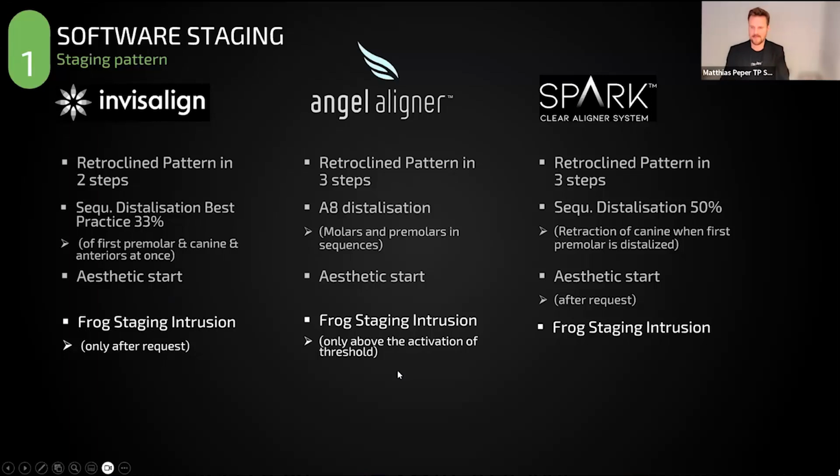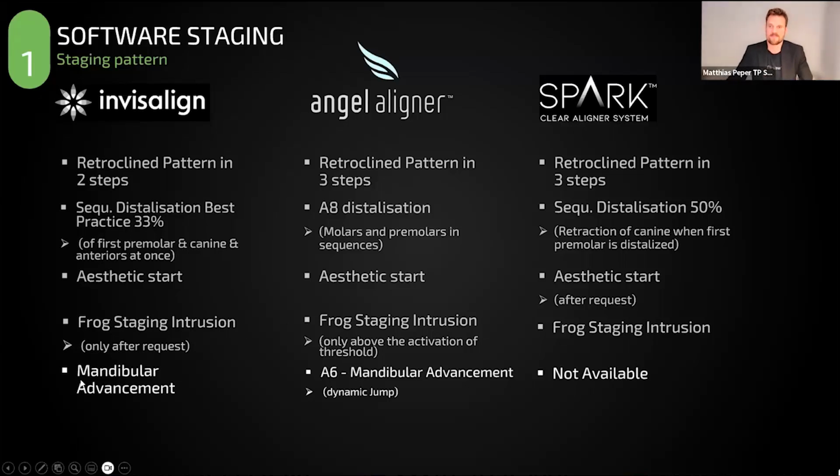So what does it mean? The frog staging intrusion is activated if we have an intrusion of more than, I think, 0.5 or 0.6 millimeter. If we have this amount of intrusion for Angel, we automatically receive the frog staging intrusion. For Spark, this is already automated in the system.